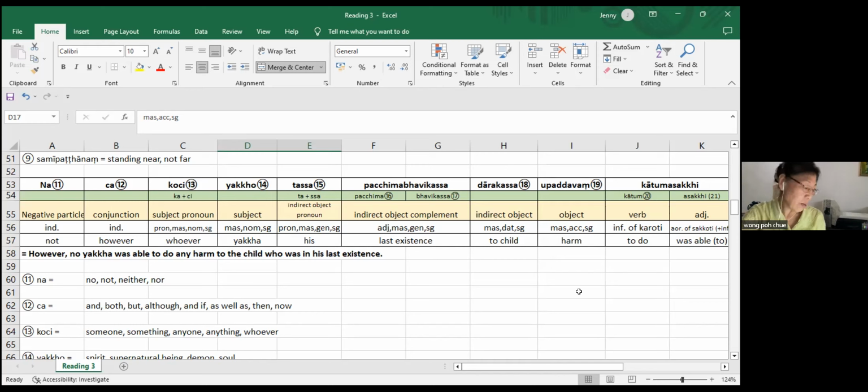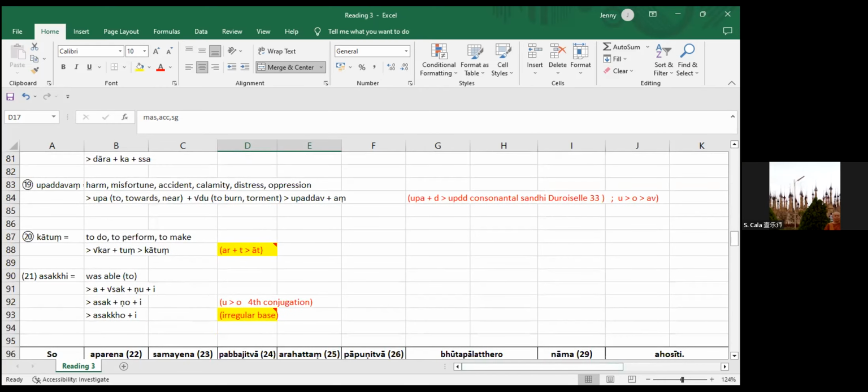If that is allowed, then the translation could be, however, yaka, whichever or whoever was not able to do any harm to the child who was in the last existence. So that is the analysis. Thank you for listening.